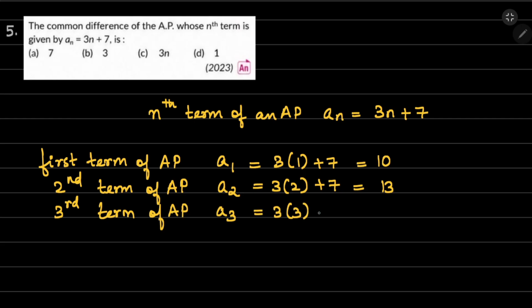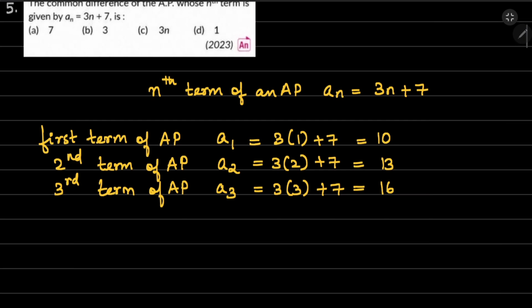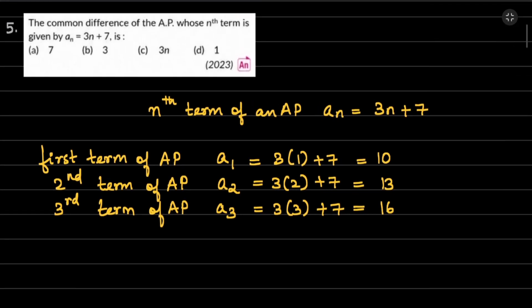So 3 into 3 plus 7. 3 3s are 9. 9 plus 7 is 16. So these are the three terms. Now what you have to find is the common difference. So the given AP will be 10, 13, 16 and so on. And the common difference is nothing but the second term minus the first term, which is equal to 3. So D is equal to 3.